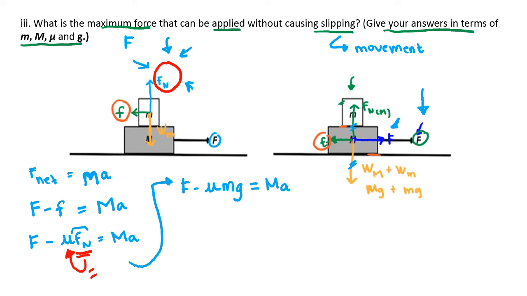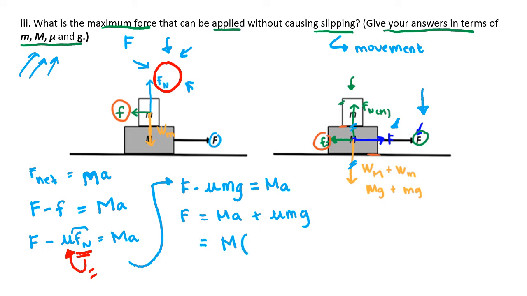Let us continue manipulating this equation. So we will have F is equal to capital MA plus mu mg. Now we have found out our acceleration in the previous question, so we substitute it here in this equation, since we only have to express our answers in the following terms.